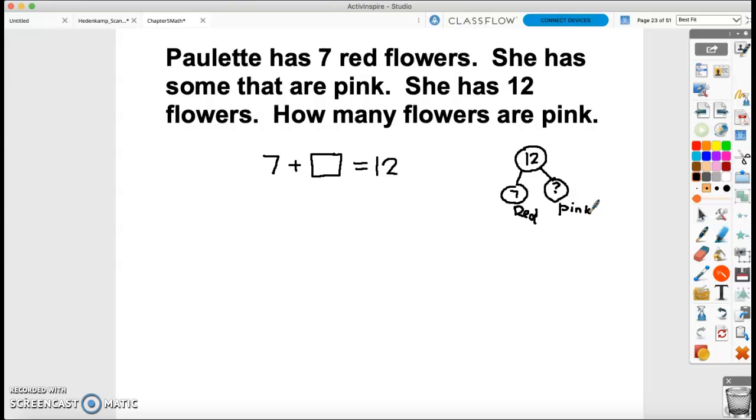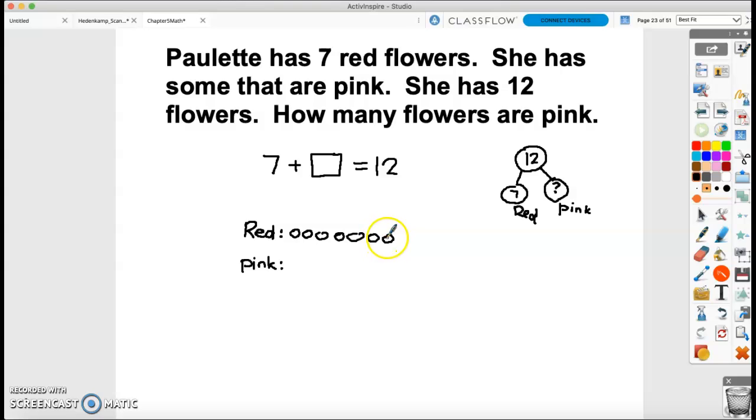So if I were to draw a picture of this, I could draw a picture that I would label red, pink, and she has 7. 1, 2, 3, 4, 5, 6, 7, and pink, I'm not sure, but I know she has 12 altogether.